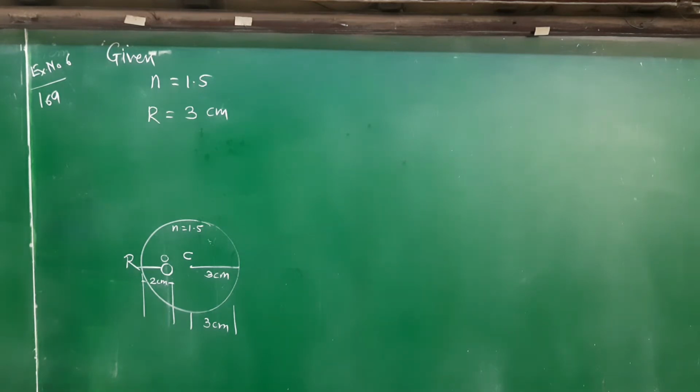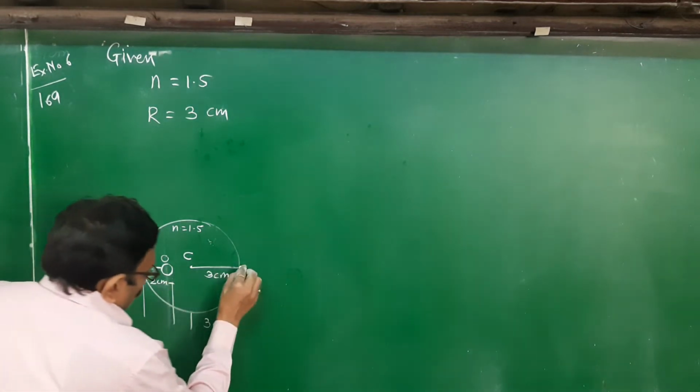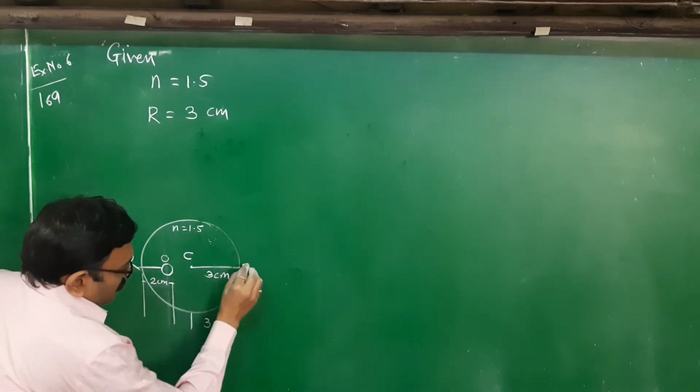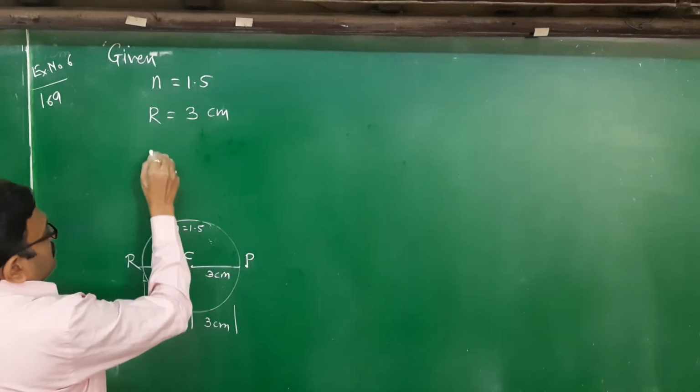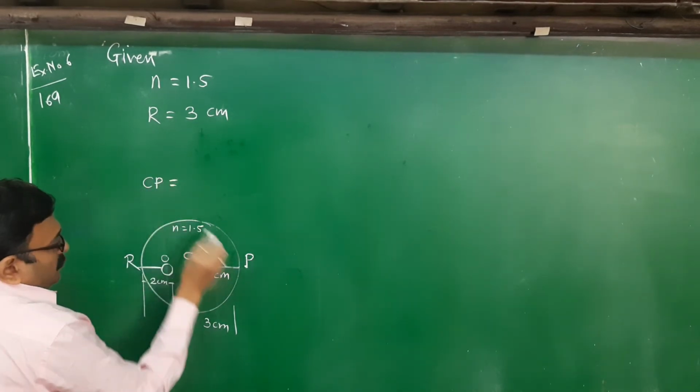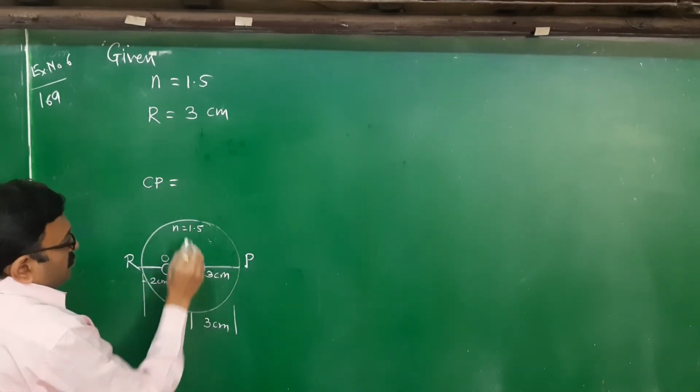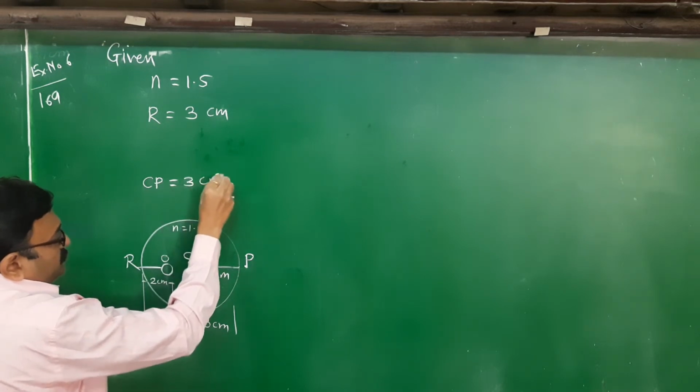Now, we read the example again: where will it appear when seen from the other end? It is the farthest. Here we observe from this end, which we call P. This CP distance is equal to 3 centimeter.